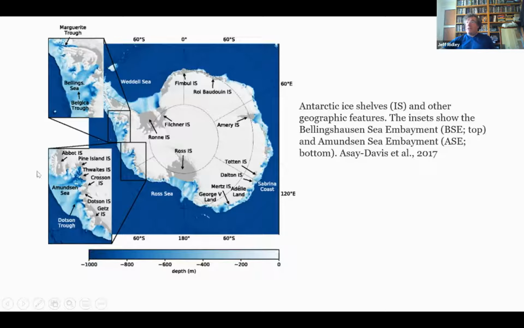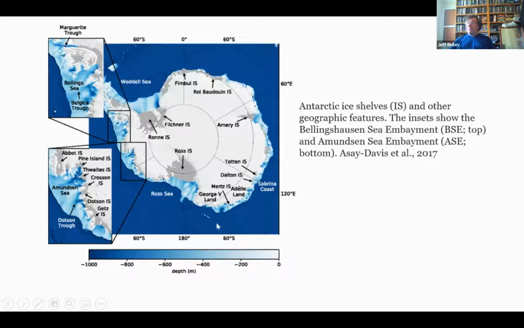So you only need quite a small increase in temperature on these ice shelves, because the ice shelf water is already reasonably warm. So a small increase can cause a large melt rate at the base of the ice shelves. But it could just be variability, and the water that's coming to these ice shelves is not young enough to be from global warming.